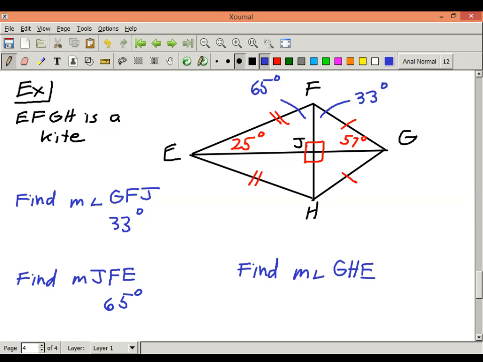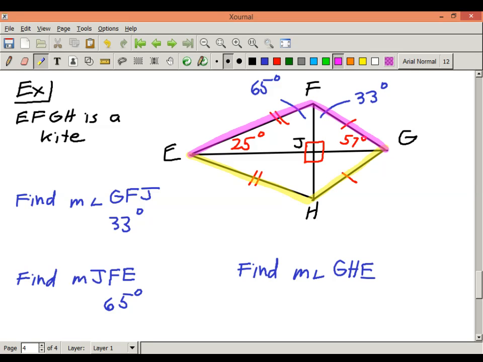Okay, now I'm going to erase some of the clutter in this diagram because we're trying to find, actually I may not have to, we're trying to find the measure of angle GHE. So this angle right here, I'm going to make that yellow, and GHE. Trying to find the measure of that angle. So that's an angle of a kite. Remember, our second theorem today was every kite has exactly 1 pair of opposite angles congruent. So the angle opposite to that is then going to be, let's use a different color here, this one.